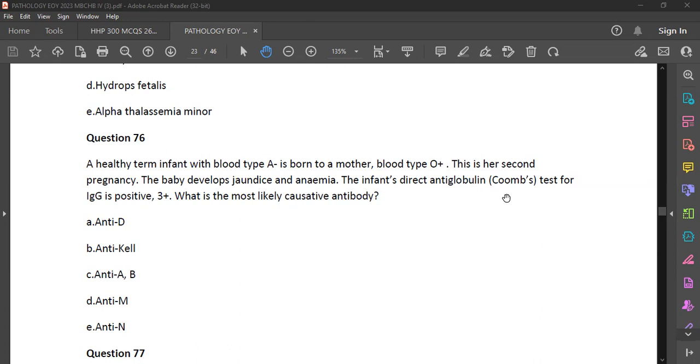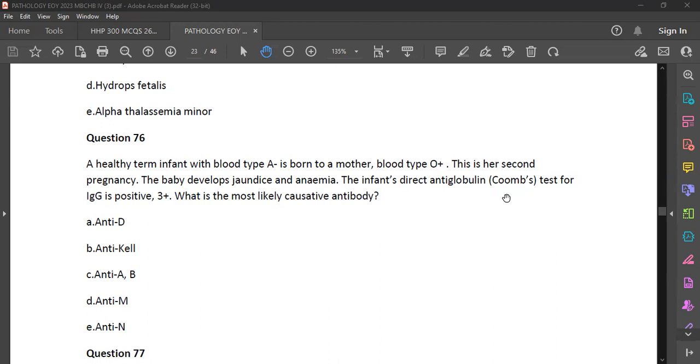Yeah. So for an O positive, which antibodies does the mother have? The mother lacks the antigen A and B, but she has antigen D, which is the rhesus. So if you have the rhesus, you have positive. Yeah. So she has the antigen D, but lacks antigen A and B. So if you have an antigen, you lack the antibody.